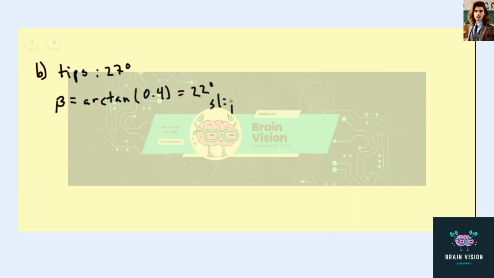And so if the coefficient of friction is reduced, then it will slip before it tips, after some value of the coefficient of friction in between 0.4 and 0.6.